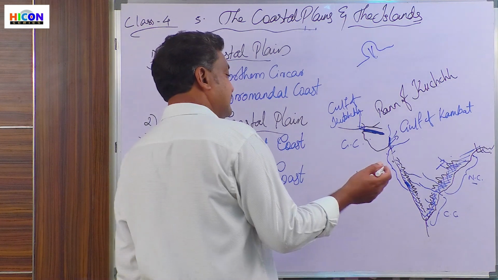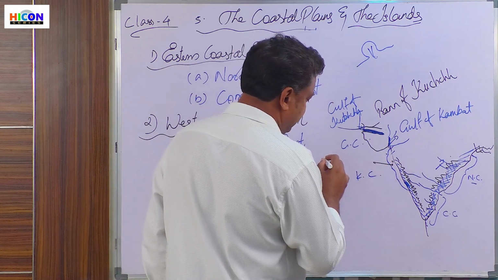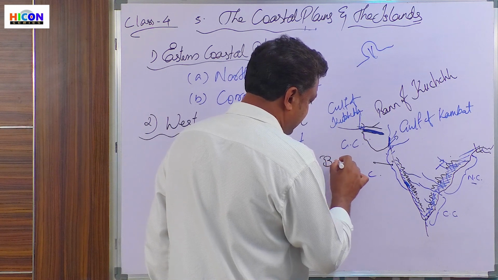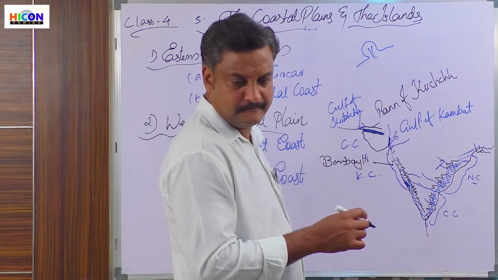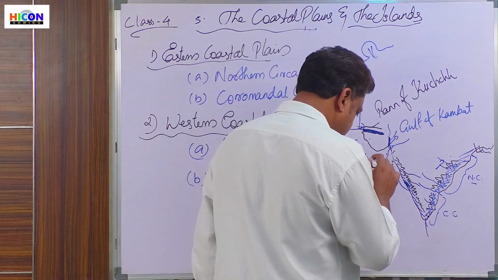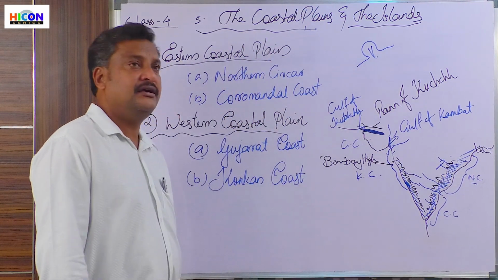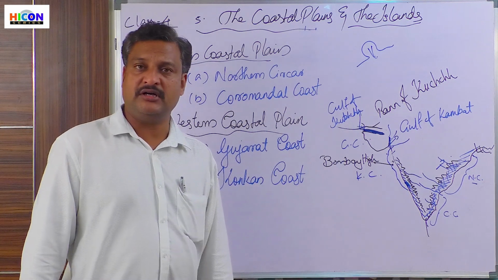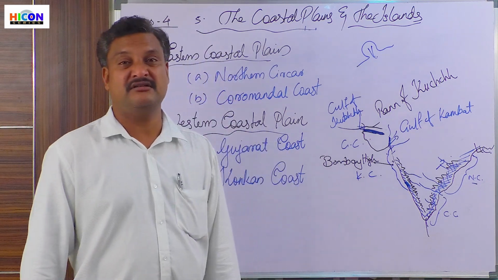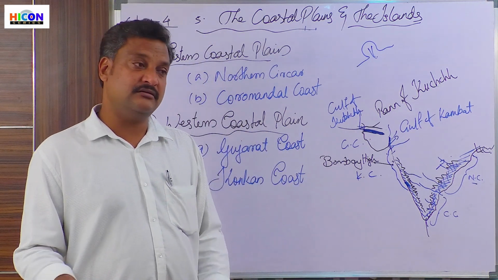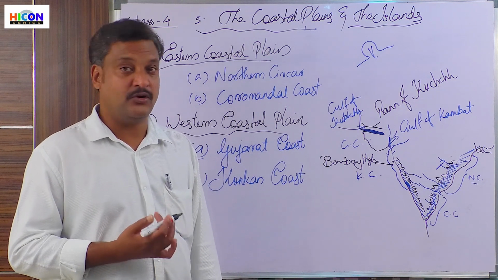And there is a region near the port of Mumbai which is identified as Bombay High. Bombay High has got a very good amount of oil deposits. We have got rigs. Rigs means oil extracting platforms in seas or water.